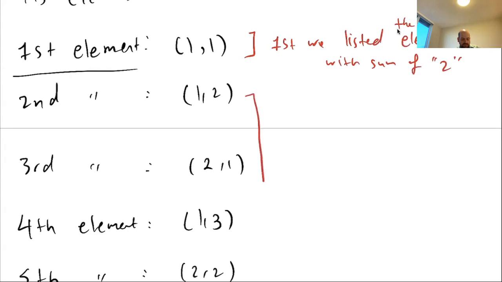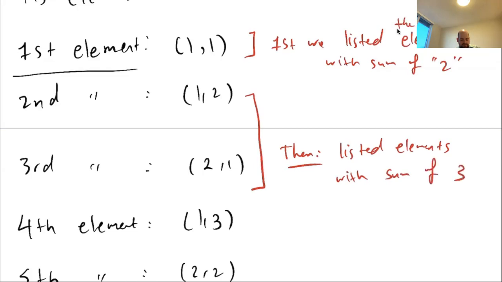Then we are looking at the second and third, then listed elements with sum of 3. (1, 1) has sum 2; (1, 2) and (2, 1) are the only elements which have sum of 3.